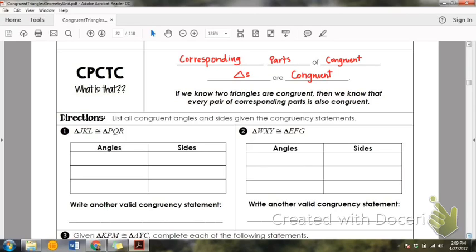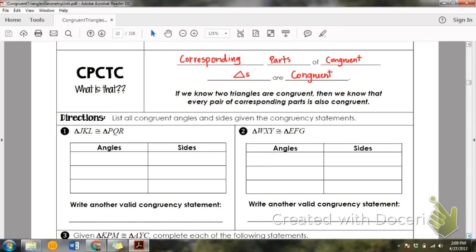Corresponding parts of congruent triangles are congruent. This again is CPCTC, and all that means is that if we know that two triangles are congruent, then everything else matches up. So we will use CPCTC when we begin doing our proofs in the next lesson, but for now let's look at example 1. It says, list all the congruent sides and angles given the congruency statement.